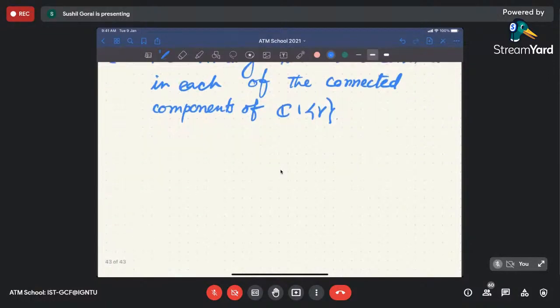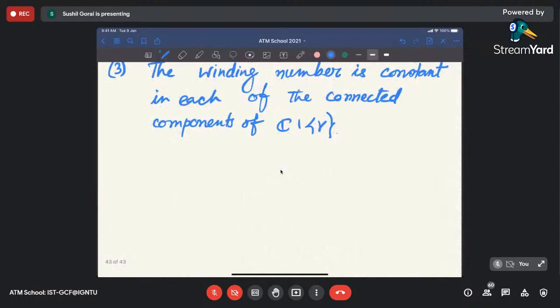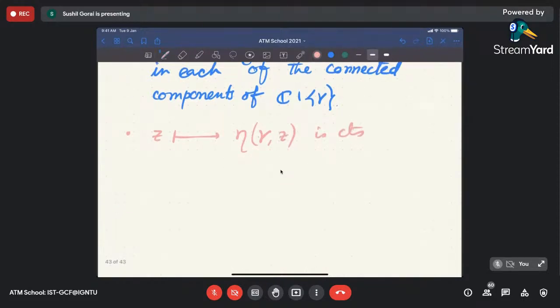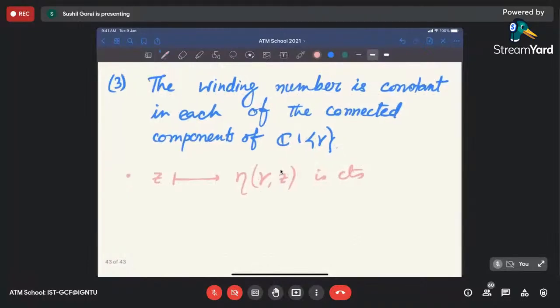There are two ways to prove it. There might be more, but I know two ways. The first way is to prove that z goes to the winding number of gamma at z is continuous. And then, of course, in a connected component, this is an integer, so it should be constant.